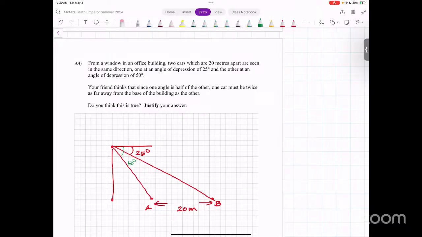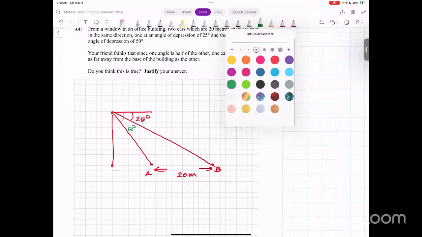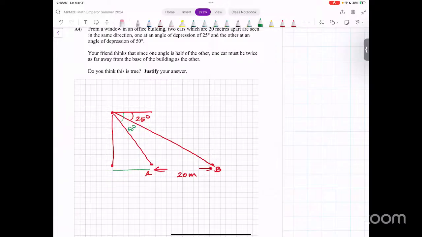Your friend thinks that since the angle is half, one car must be twice as far from the base of the building. So all they ask you to find out is, this is the base. Let's call that B. This is A, this is D. So what you need to do is find the distance BA and the distance BD, and you have to justify.